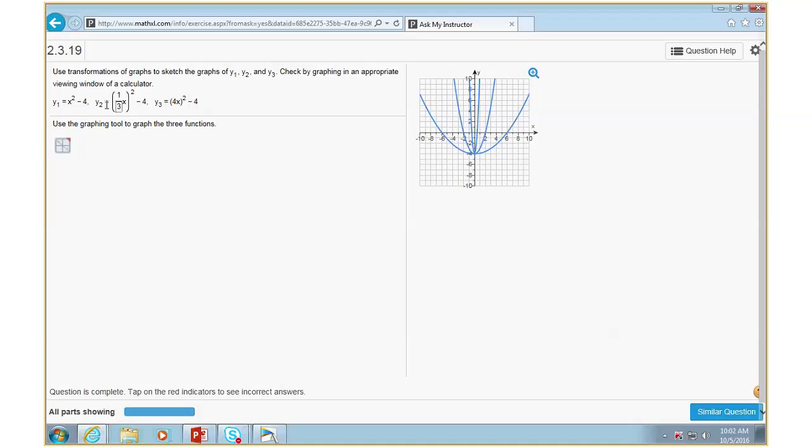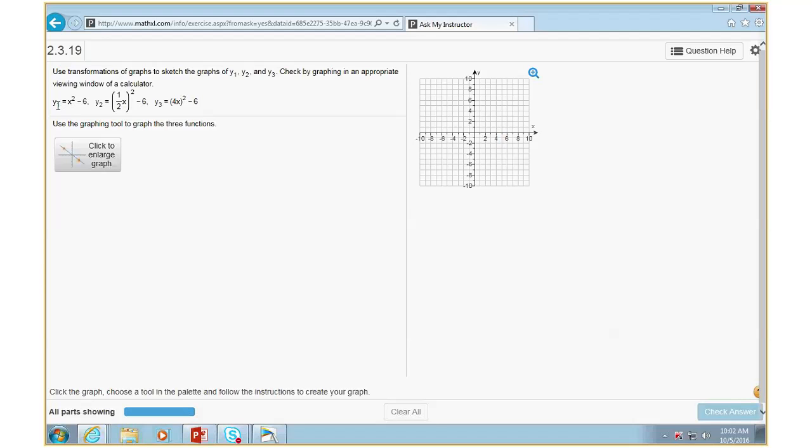This turns into y sub 2 equals 1/9 x squared minus 4. This turns into y sub 3 is equal to 16x squared minus 4. So I don't know why they're telling you not to put in a 16 and not to do the 1/9 if they're telling you that. Let's do another one and see.